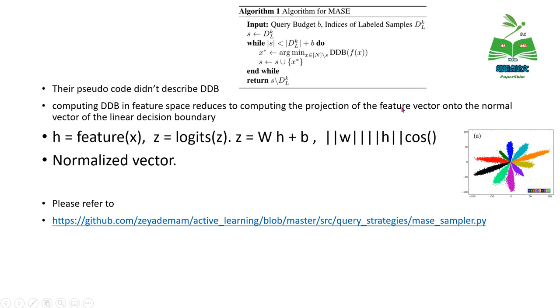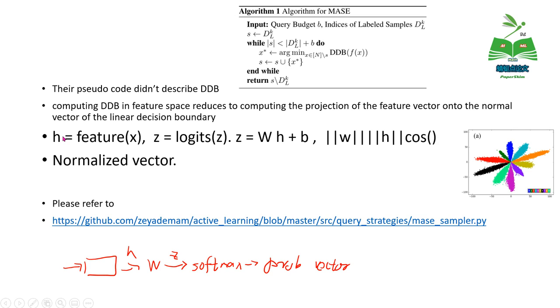So first, the feature vector is h, extracted from the feature extractor. We know the CNN first extracts features, then they get h, and they have a final linear classifier, and it will return z. Then z goes to the softmax, and it will give us the probability vector.